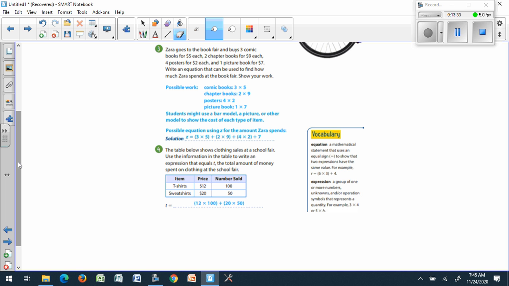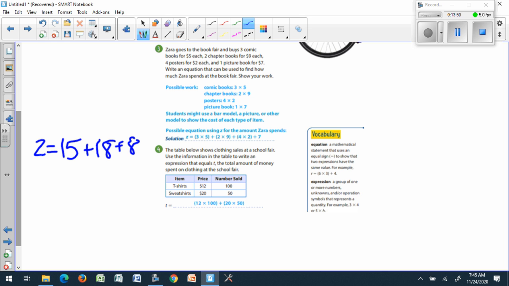And then here is a possible solution. 3 times 5 plus 2 times 9 plus 4 times 2 plus 7. Now, of course, you could have z equals 15 plus 18 plus 8 plus 7, but that is not really practicing what we're trying to practice here, which is our parentheses. I have no idea why my numbers are so squiggly.